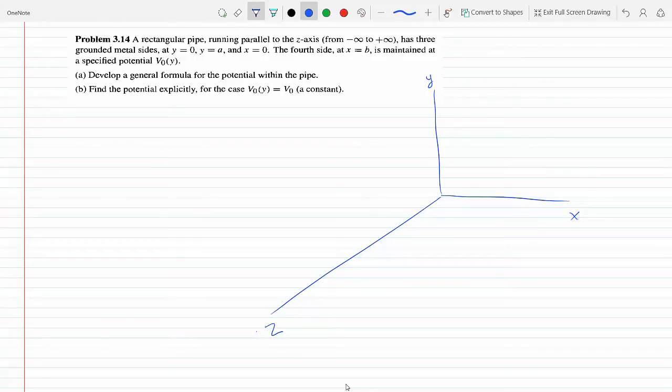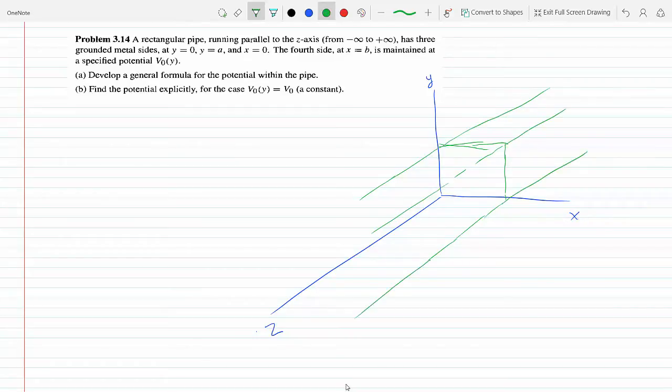And this guy is going like this, from minus infinity to plus infinity. This is the block.